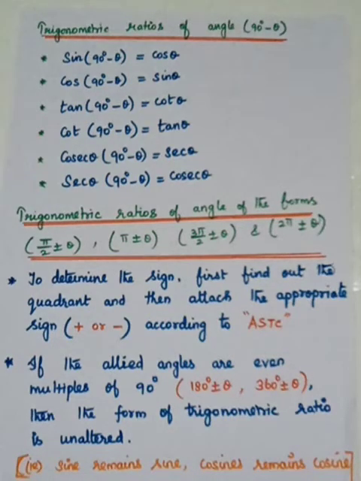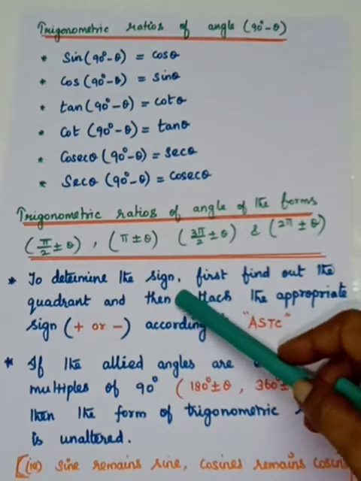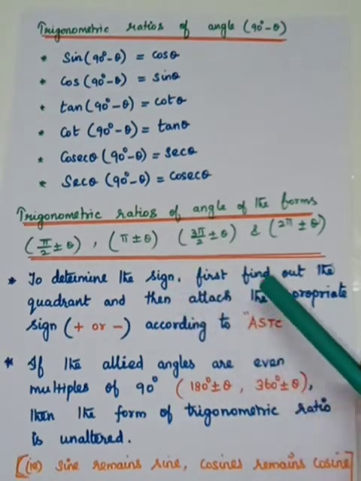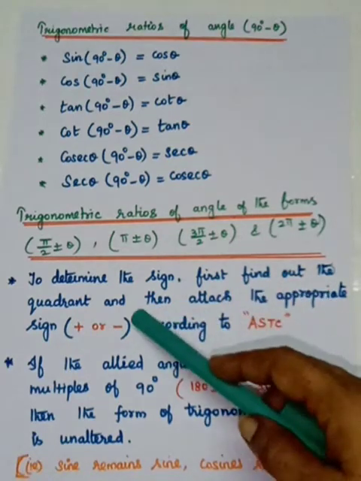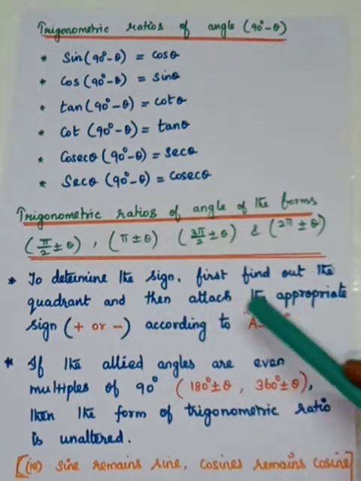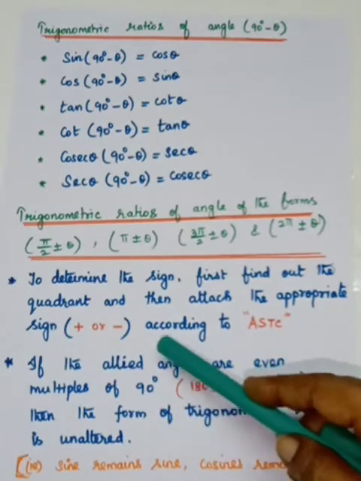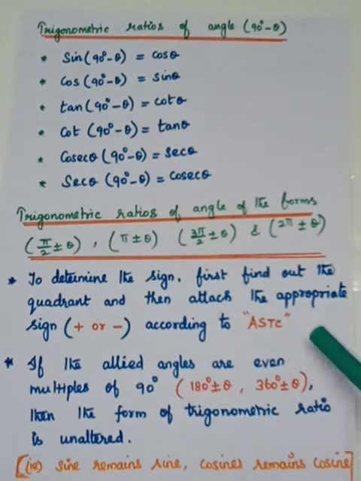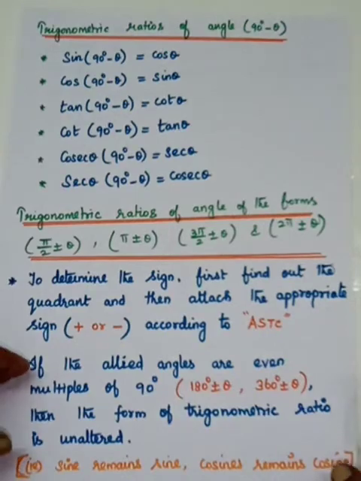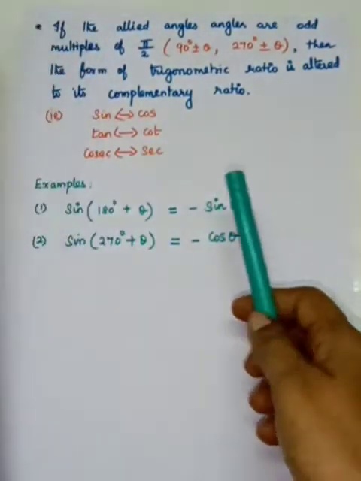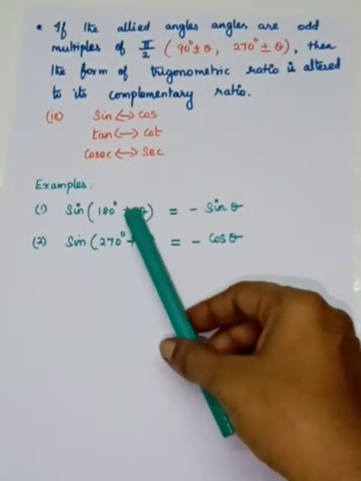If you know this very well, you can write the trigonometric values of any function. So the first step is that you have to determine the sign. You have to find out the quadrant and then attach the appropriate sign, that is plus or minus, according to ASTC.